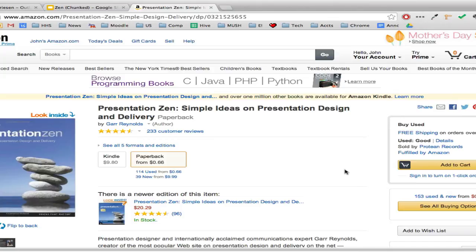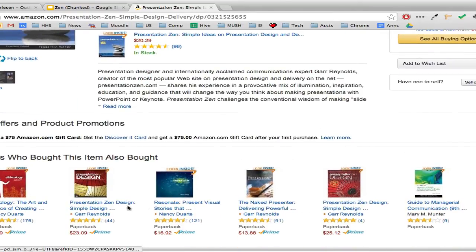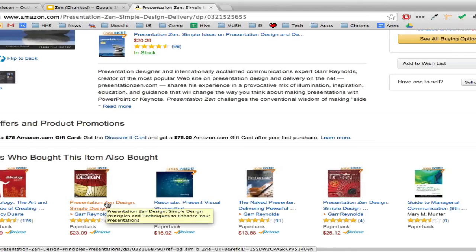Speaking of Amazon, I jumped over to Amazon's website and I looked up the book Presentation Zen: Simple Ideas on Presentation Design and Delivery by Garr Reynolds. And I find it very helpful. We have a copy of it in our media center. We also have some of these other books, including Presentation Zen Design: Simple Design Principles, which is another book by Garr Reynolds.